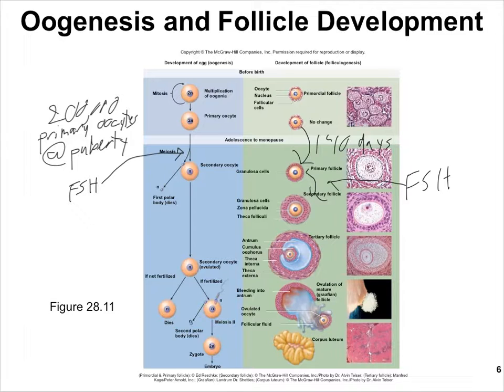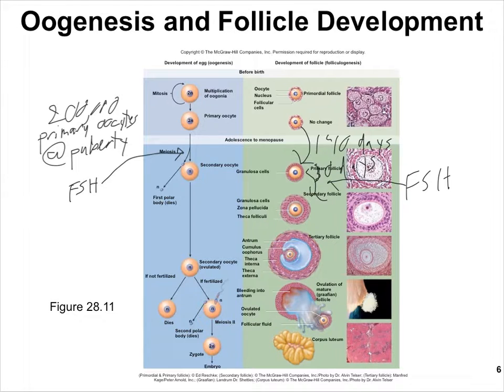And the primary follicle turning into a secondary follicle is going to take about 30 days. Which means that the secondary follicle is formed about on day 170 of the cycle.